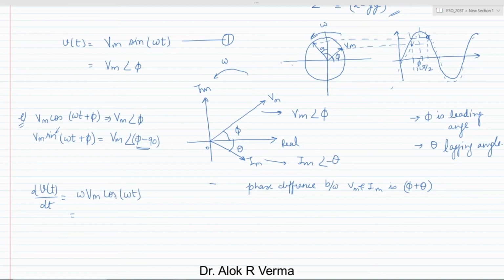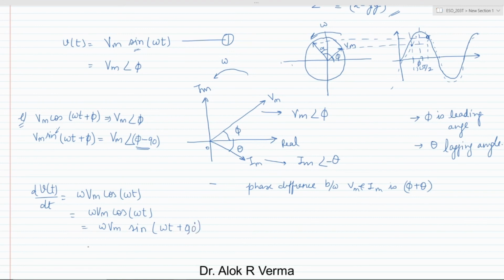So this is nothing but omega Vm cos of omega t. Now you want to compare with this, right? So we'll have to provide a phase shift: omega Vm sine of omega t plus phi, which will be 90 degrees.